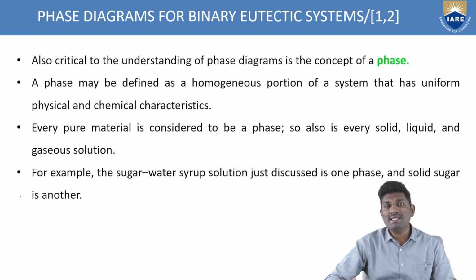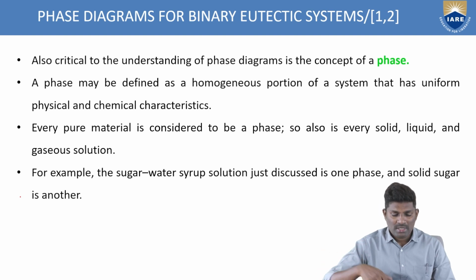That's why each phase has its own physical as well as chemical characteristics. Every pure material is considered to be a phase. Is it not? After that, depending upon the temperature, this pure metal phase may differ from one to another, converting from solid to liquid, liquid to gaseous, like that.